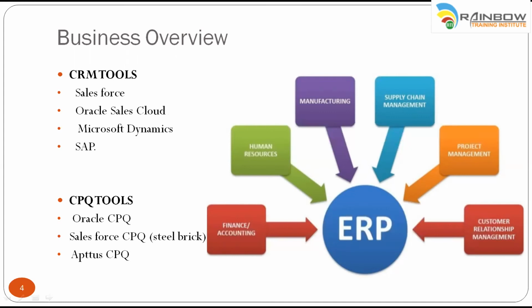In these several categories, to run a successful business, they need to be in sync. For example, the salesperson wants to sell a particular item to the customer. So before placing the order, he has to get knowledge on the product, whether the product is available or not in their organization.